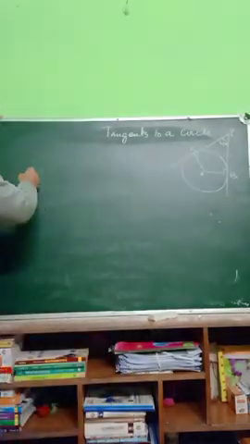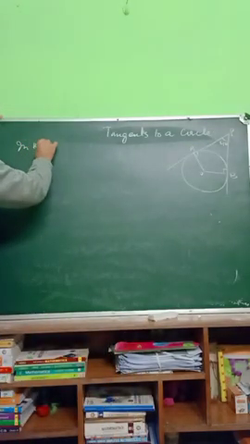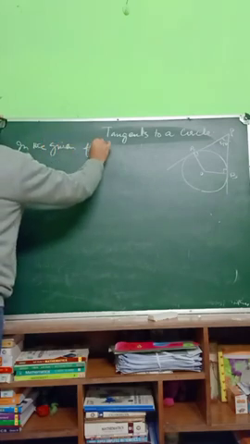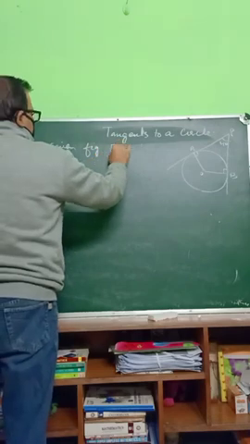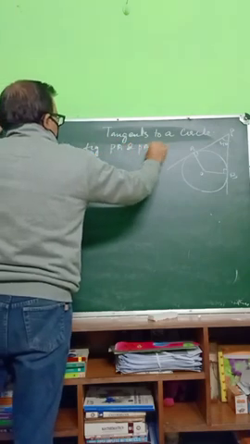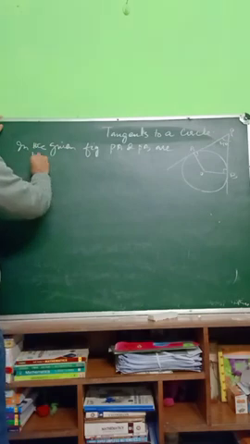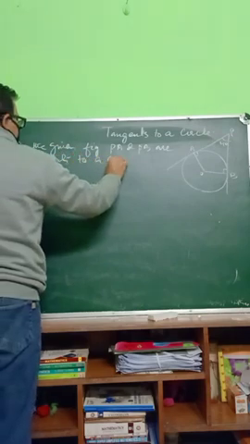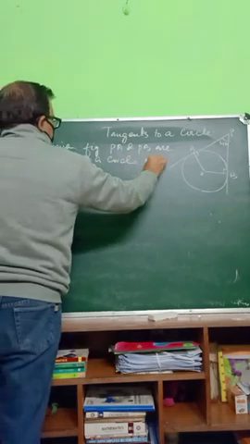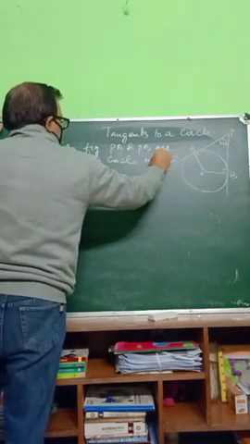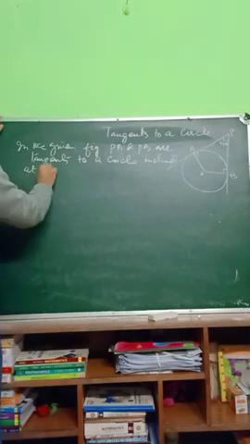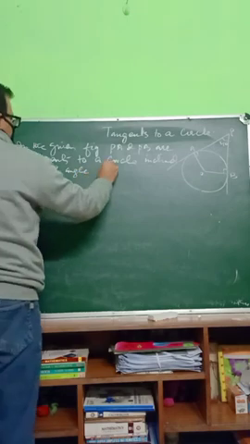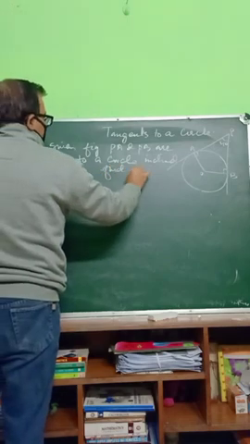So how to do? In the given figure, this is the question. PA and PB are tangents to a circle inclined at 40-degree angle. Find angle AOB.